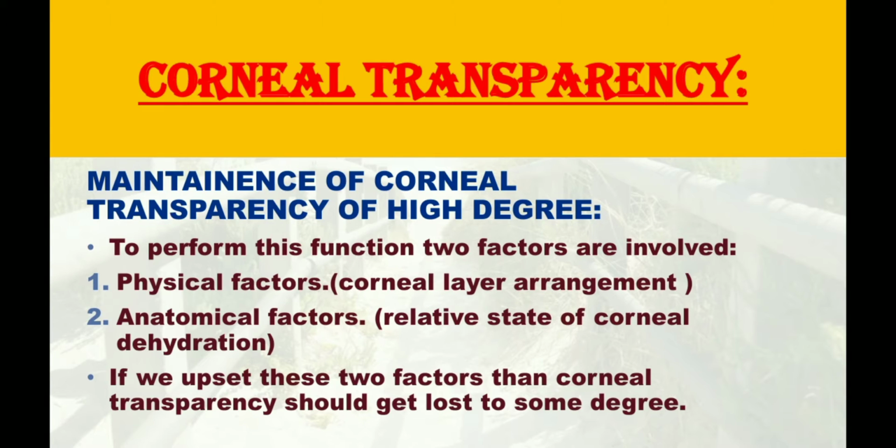The physical factor is the corneal layer arrangement, which is responsible for maintaining corneal transparency, and the anatomical factor is the relative state of corneal dehydration. If these two factors get disturbed, then we lose corneal transparency to some degree.